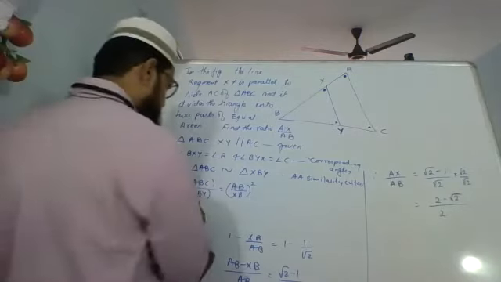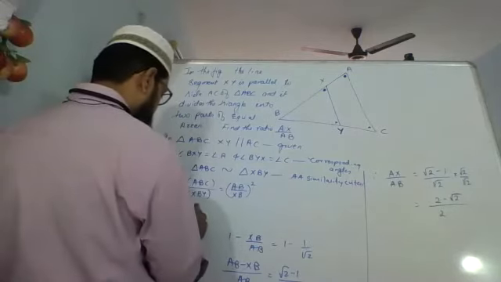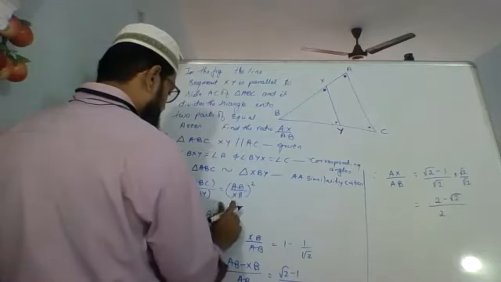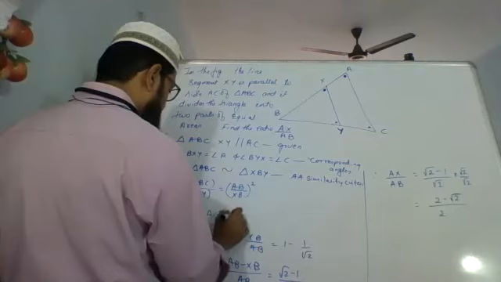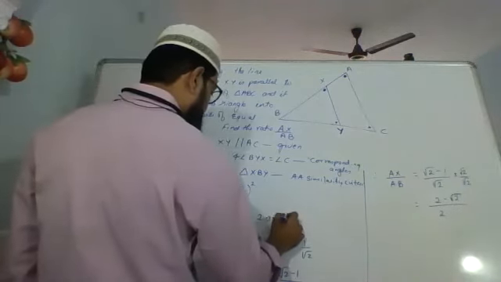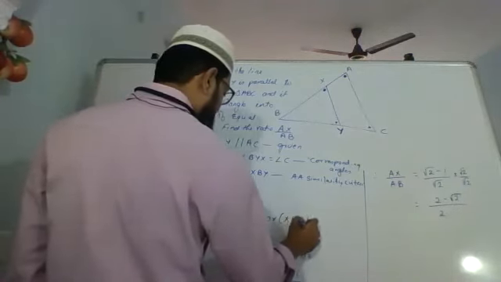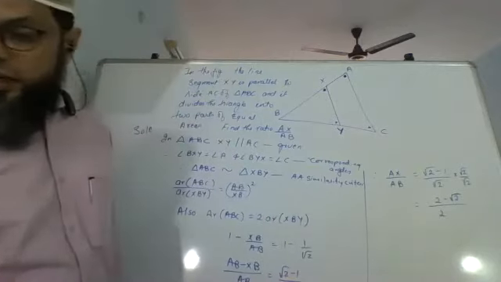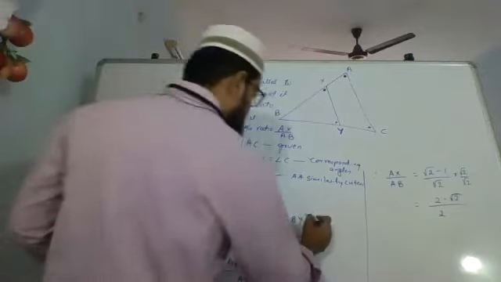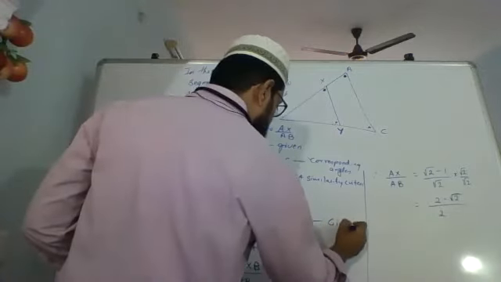Also, area of ABC is 2 times area of XBY. This is given.